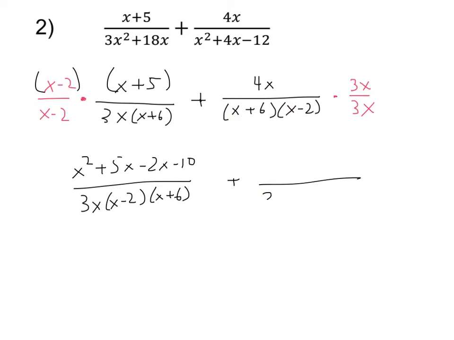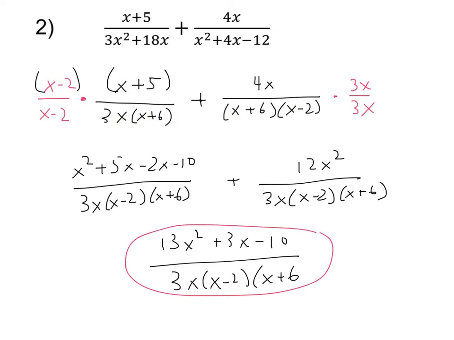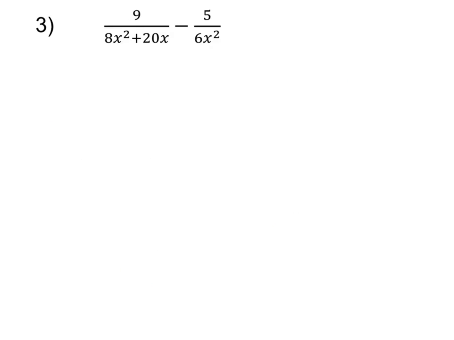And then for the second one, same denominator as the first, but 4x times 3x is 12x squared. So now if I add everything together, we have 13x squared plus 3x minus 10 over all of this. There's your answer.